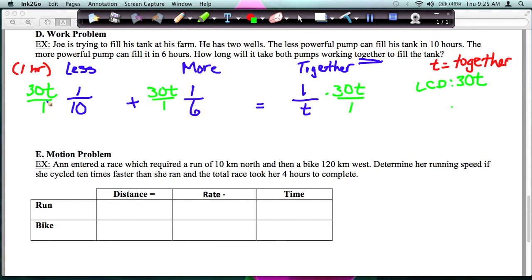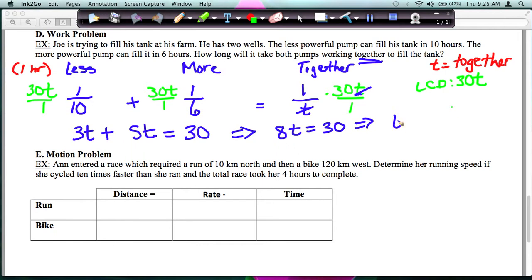Okay, and when I multiply, I get 30 divided by 10 is 3, so I get 3t plus, here 30 divided by 6 is 5, so 5t equals, over here the t's cancel, and I'm just left with 30. So you can see the math here is a little bit easier, and this is going to become 3t plus 5t is 8t equals 30.